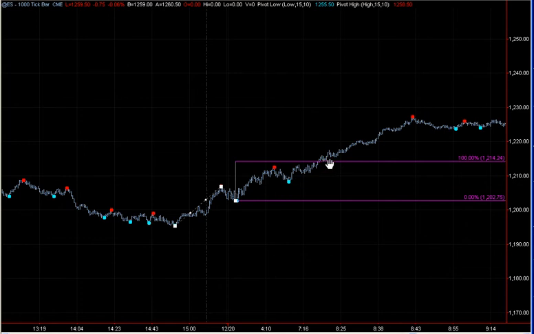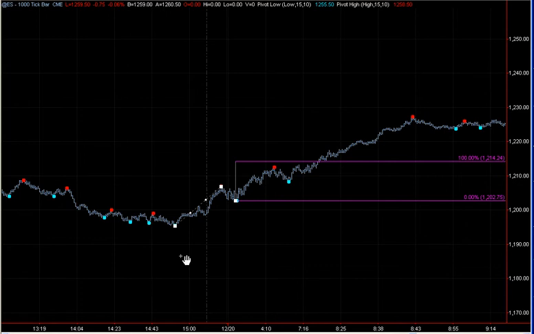Now, according to this arrangement, point A will always be lower than point B, and it will be lower than point C. Okay? C will always be higher than point A, but lower than point B. So as the market is moving up, we're looking for an extension up, and basically this is the configuration that needs to take place.